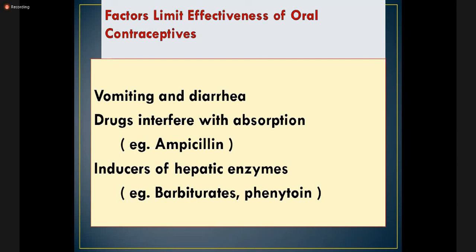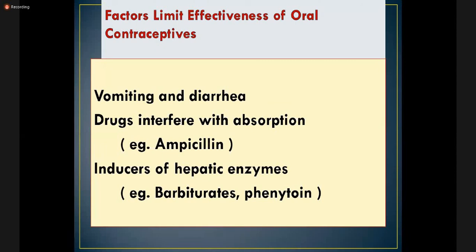And drugs that interfere with absorption, like ampicillin, and the key point, inducers of hepatic enzymes. This is the concept: inducers of hepatic enzymes can interfere with the effectiveness of oral contraceptives.